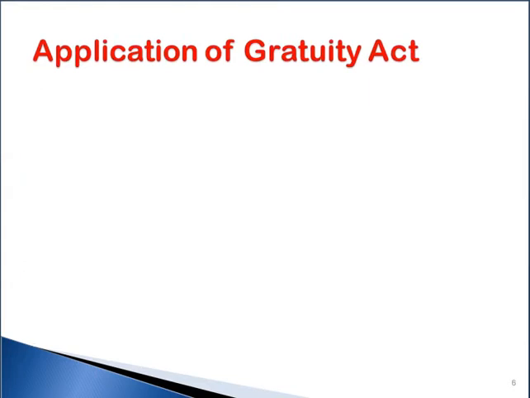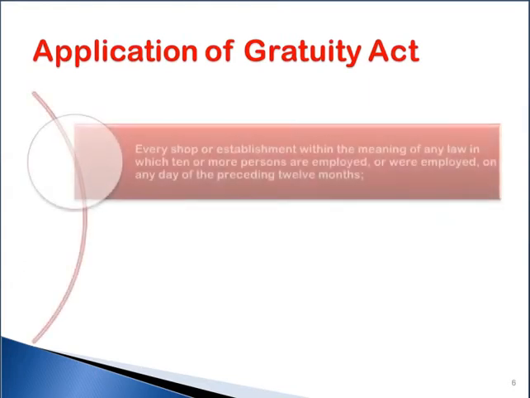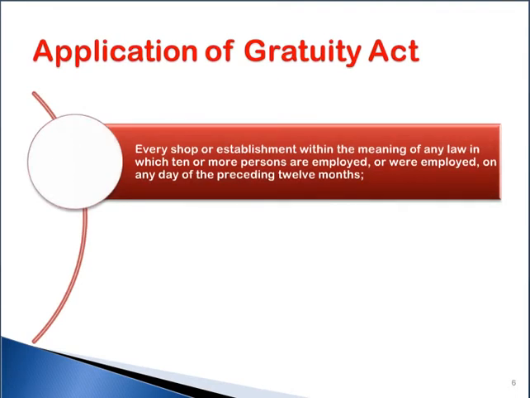The Act shall apply to every shop or establishment within the meaning of any law in which 10 or more persons are employed or were employed on any day of the preceding 12 months.